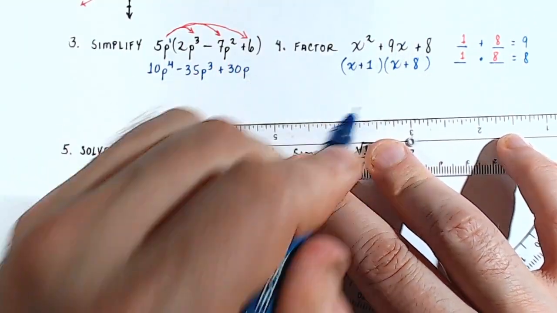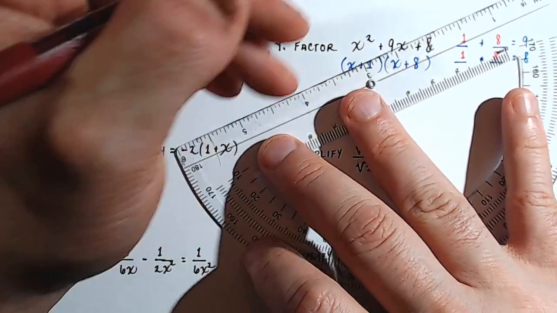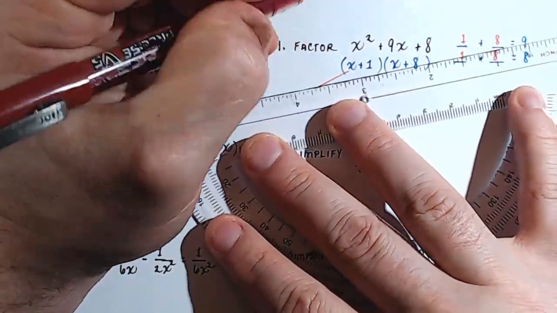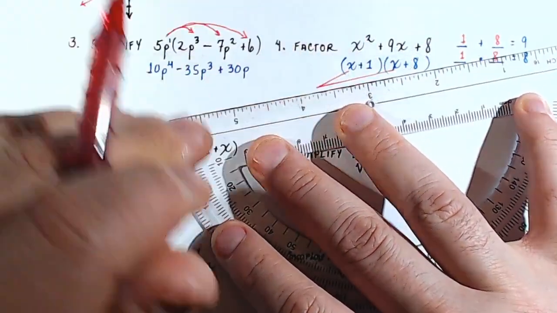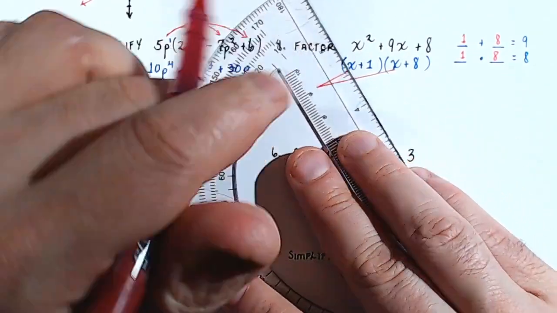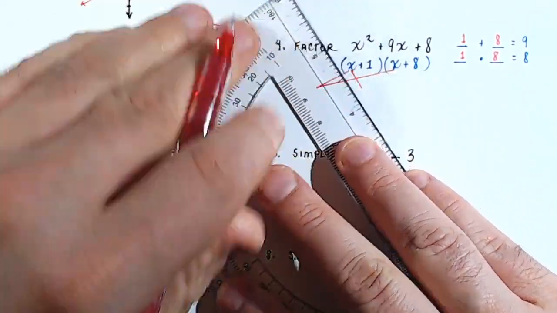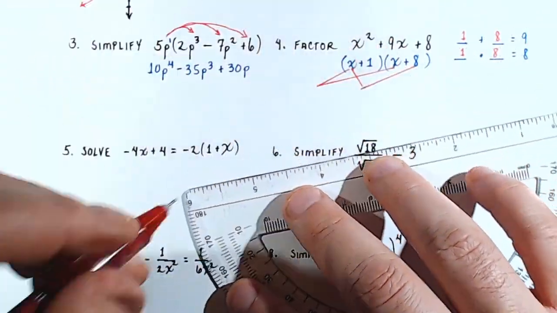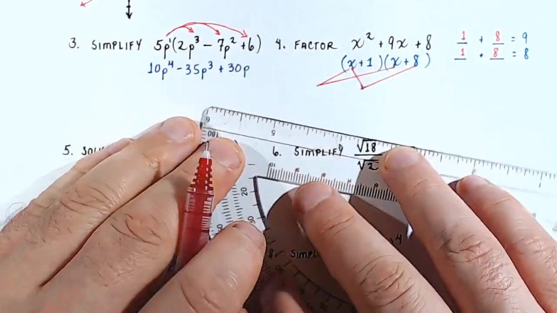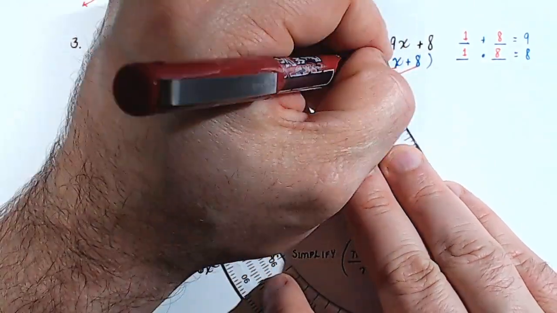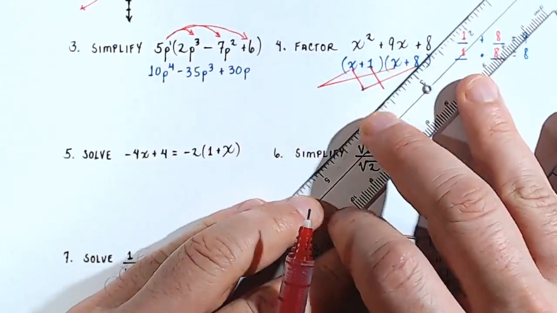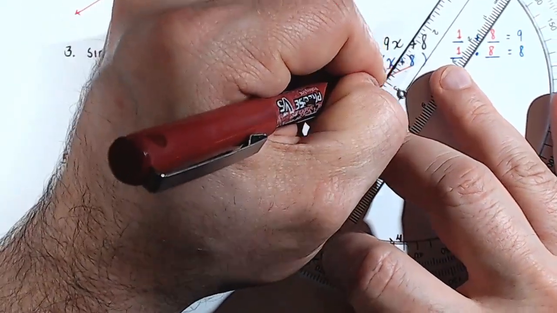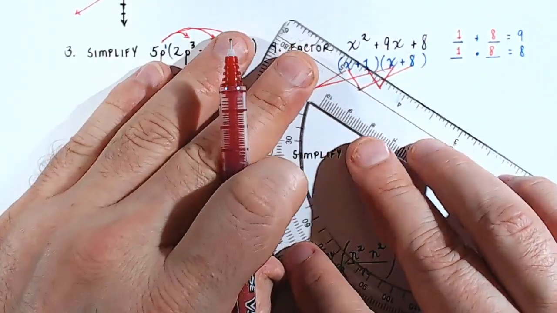Remember, I could use FOIL, first, outer, inner, last, to recombine these together. I'll just show that here because it's something we need to remember. How does this work, right? First, outer, inner, last. And these lines are just indicating that I'm going to multiply these things together.